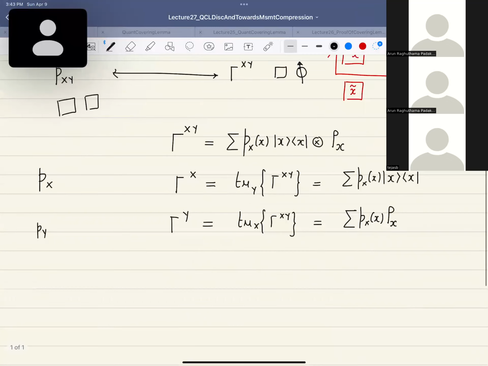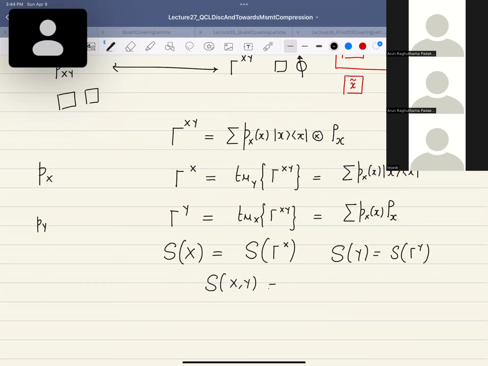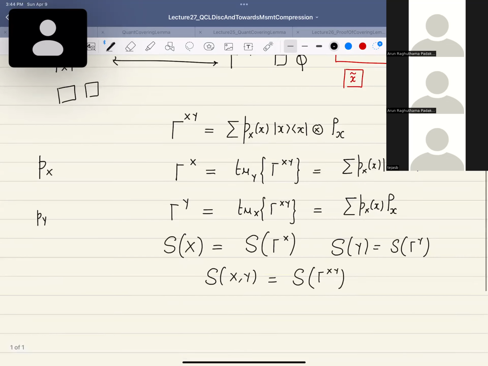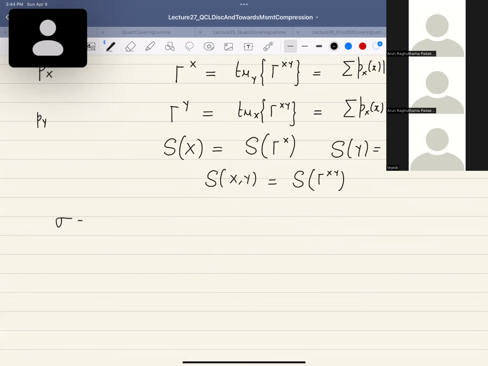I can talk of S of x as the entropy of the classical part, gamma x. S of y is S of gamma y, and S of x comma y is S of gamma xy. Now recall yesterday we were doing this: sigma is the summation of px of x rho x.